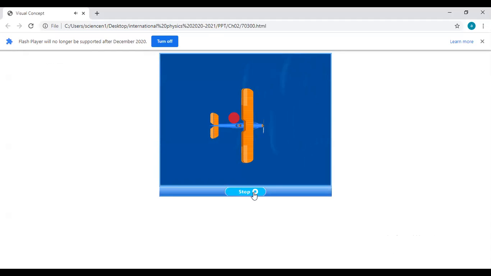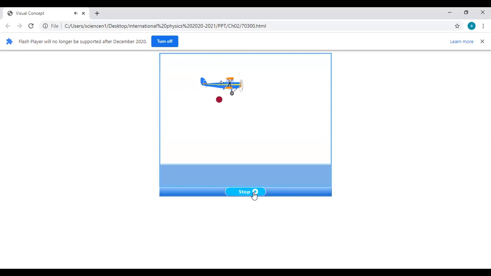Observers in different frames of reference will see the motion of objects differently. The red dot in this picture is a stunt dummy dropped from the plane. From an observer in the frame of reference of the moving plane, the dummy appears to drop straight down and splash in the water. And from an observer in a stationary frame of reference on the ground, the dummy appears to fall in a curved path.